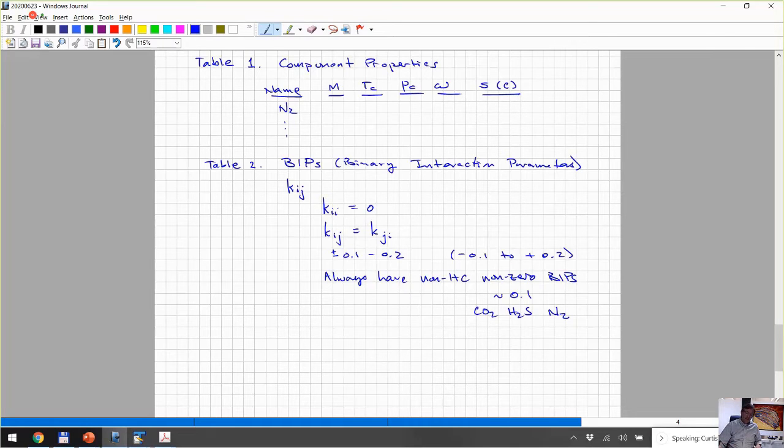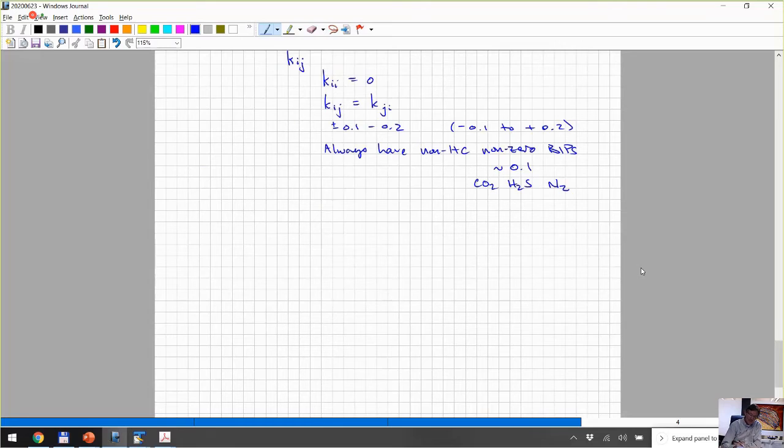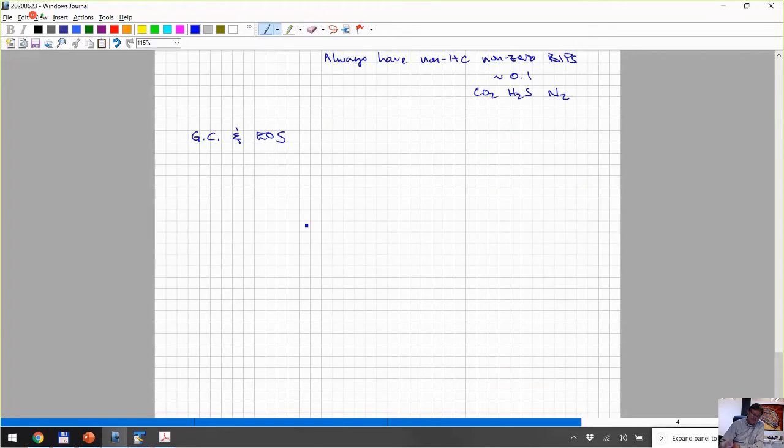Now, what I wanted to mention were what's special about gas condensate systems and equation of state. Okay, so what's special here? We mentioned yesterday, probably the most important thing is in the tuning of an equation of state.